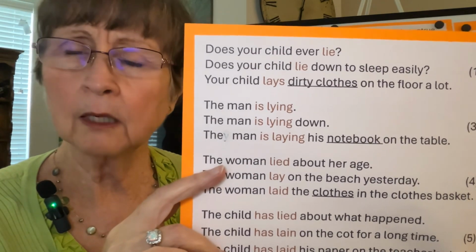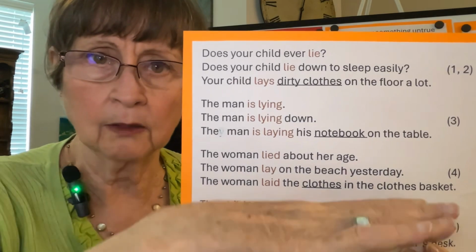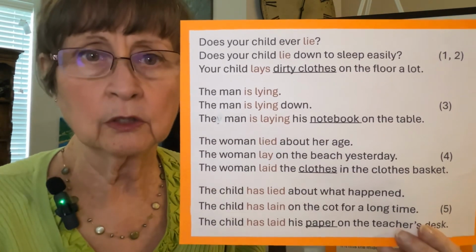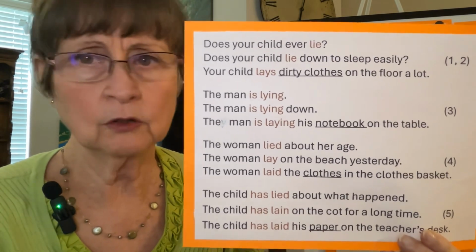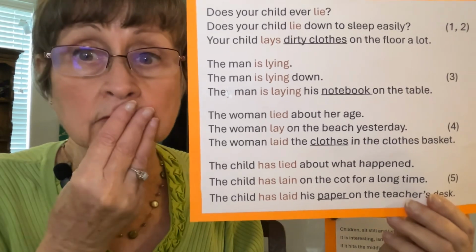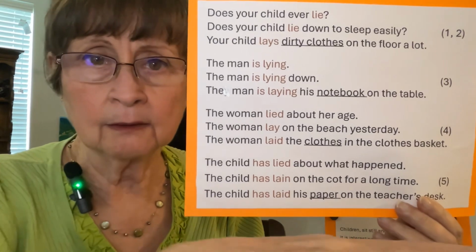Does your child lie down to sleep easily? Stretching out. Your child lays, puts dirty clothes on the floor a lot. They shouldn't do that. The man is lying, not telling the truth. The man is lying down.